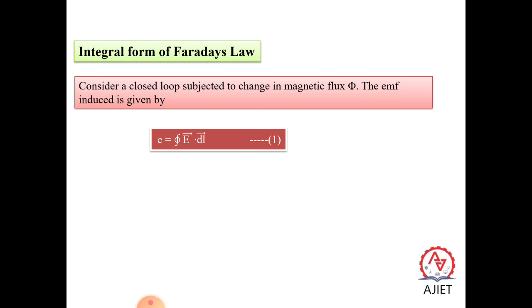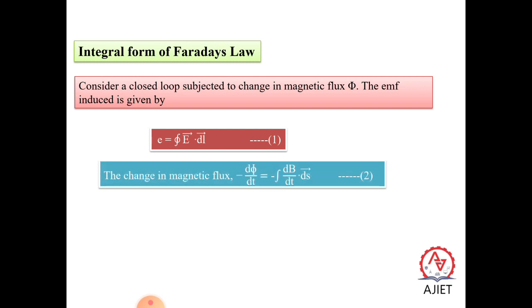Here E is the EMF induced, and according to Faraday's law, E is equal to minus d phi by dt, that is, minus the integral of dB by dt into ds.